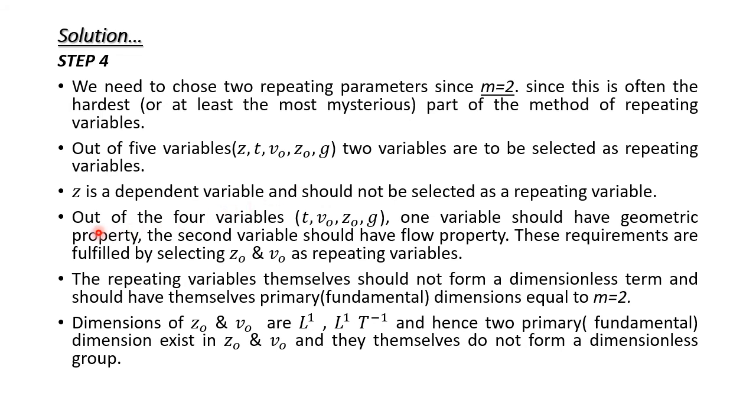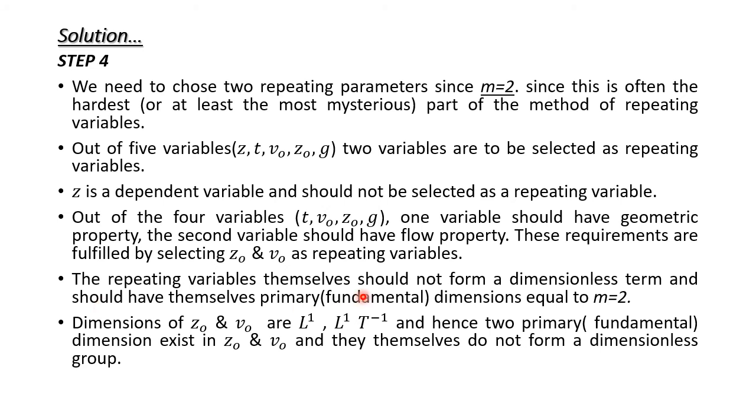Now out of these 4 we need to choose 2 repeating variables. Out of the 4 variables, one variable should have a geometric property, and the second variable should have a flow property. These requirements are fulfilled by selecting Z0 and V0. Z0 comes under geometric property, and velocity comes under flow property. The repeating variables themselves should not form a dimensionless term and should have primary dimensions.